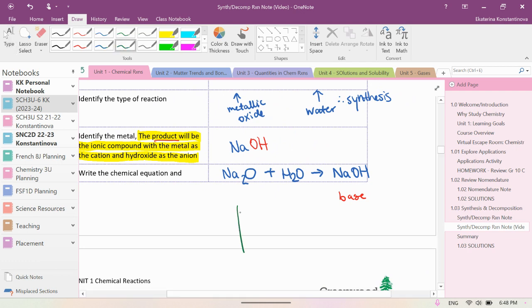For those of you who want to review, how do I set up my tables for balancing? Set up a little table for reactants, and a little table for products. Write out all the elements you have. Leave oxygen for last when you're balancing.